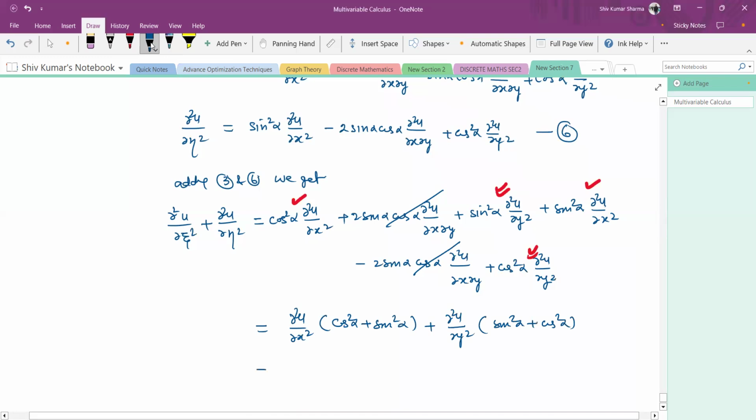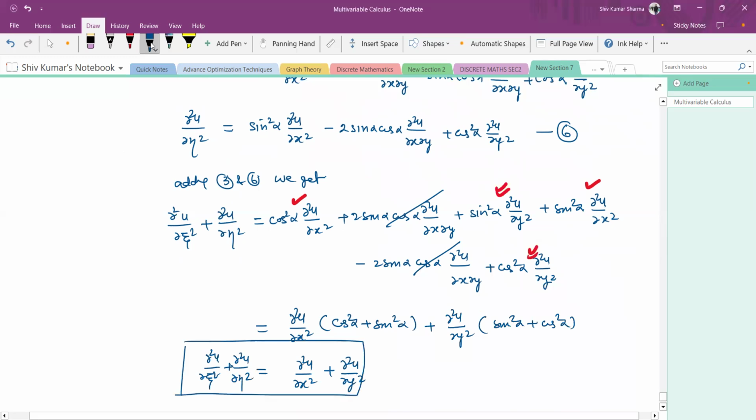Okay, so we know that sin square alpha plus cos square alpha equals 1. So this gives us del square u upon del x square plus del square u upon del y square, and this value is equal to del square u upon del xi square plus del square u upon del eta square. So this is our proof.